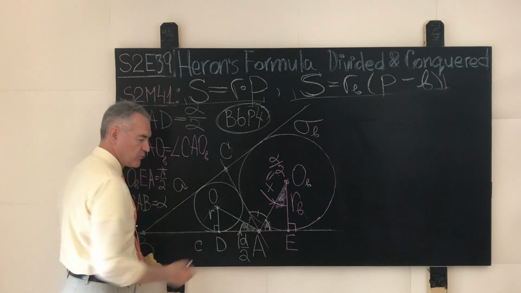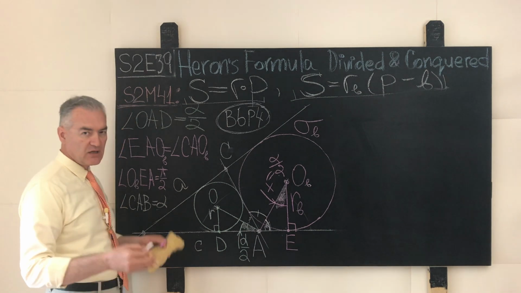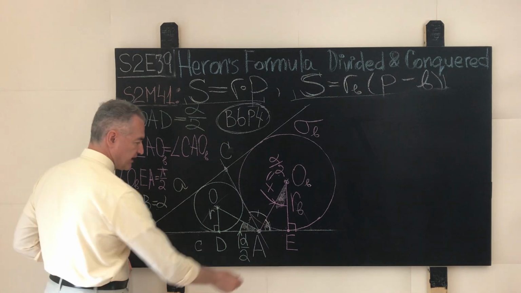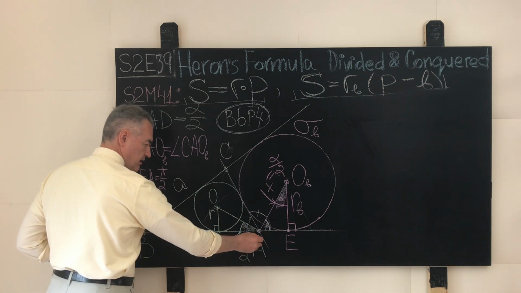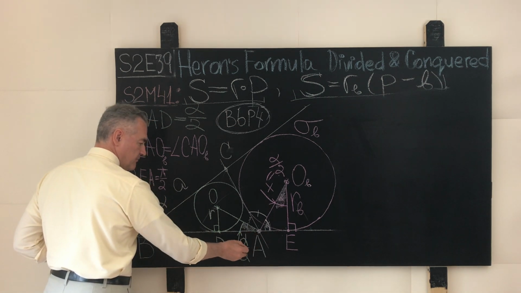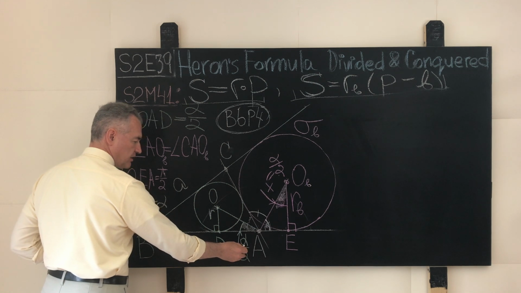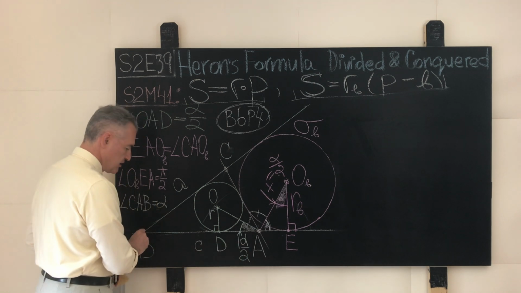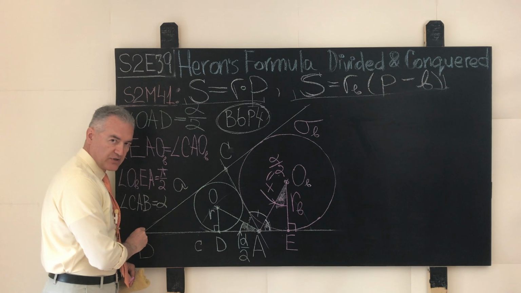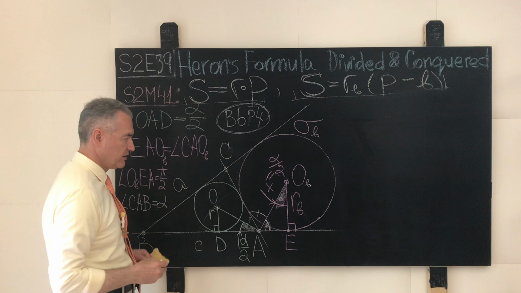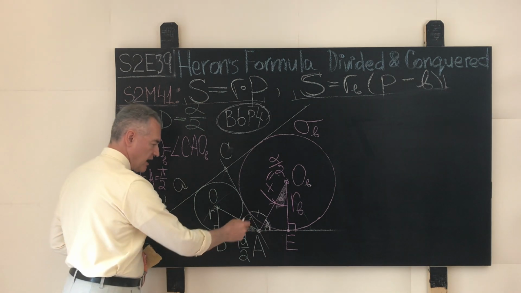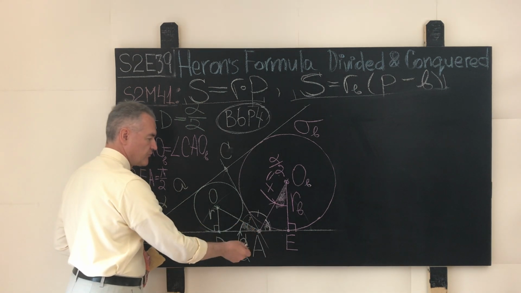With alpha, remember, we steal from Latin the uppercase letters, and we steal from Greek the lowercase letters. So the vertex A is married with the interior angle alpha, the vertex B is married with the interior angle beta, and the vertex C married with the interior angle gamma. Alpha for the entire angle, half of it alpha over 2, there we go.